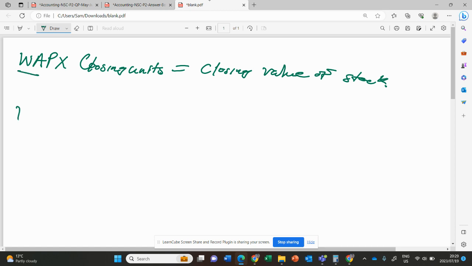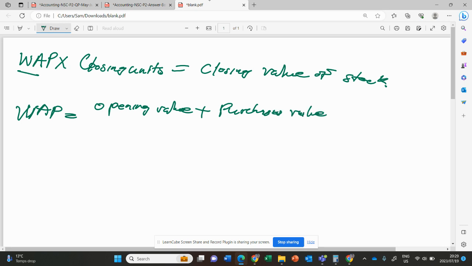It will be the opening value plus the purchases value plus the carriage on purchases plus custom duties and import duties.